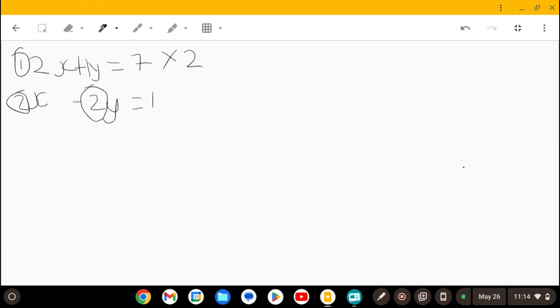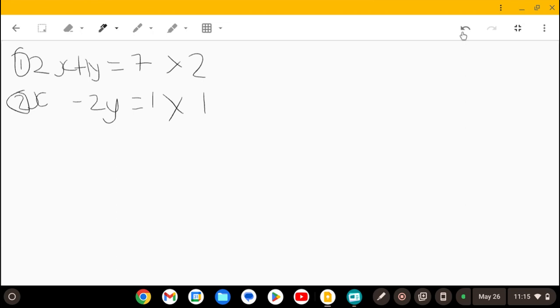And then we're going to multiply the y coefficient in the first equation, which is 1, by everything in the second equation, which is x minus 2y is equal to 1.